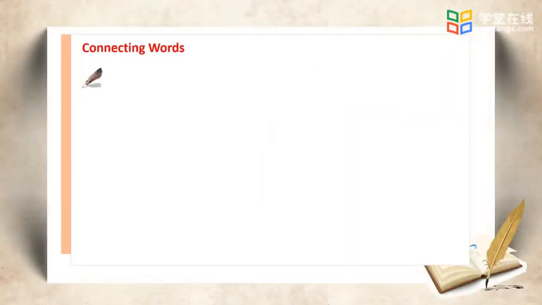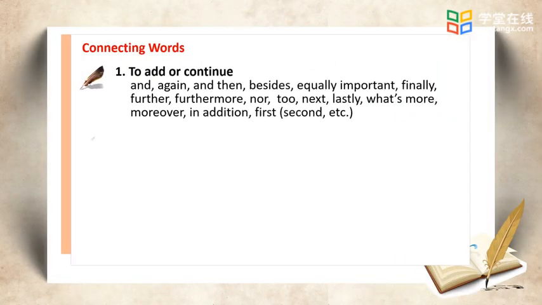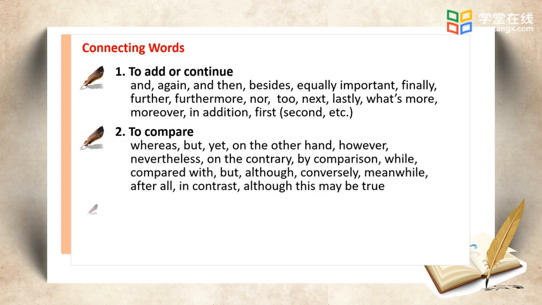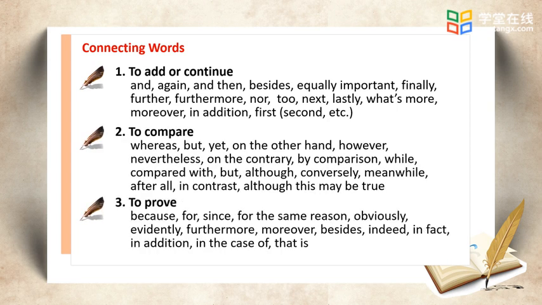There are several types of transitional devices, and each category leads the readers to make certain connections or assumptions about the areas being connected. Here is a list of some common transitional devices that can be used to cue our readers in a certain way. In this slide, we can get some useful expressions to indicate how to continue, how to compare, and how to prove.